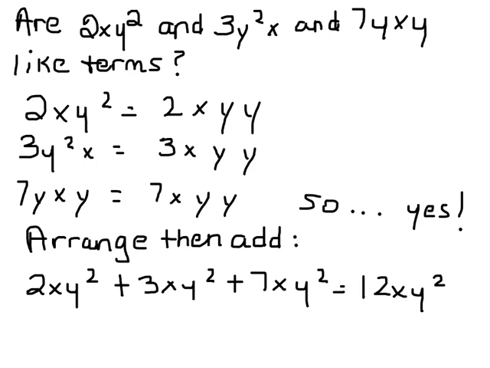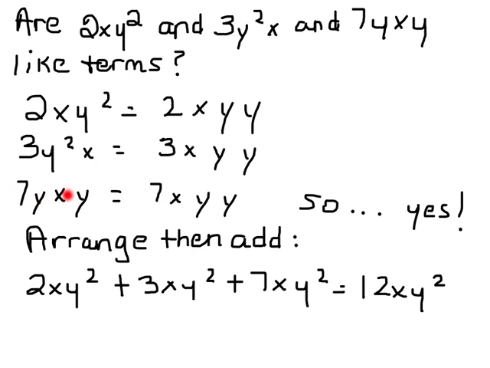Alright, the question is, are 2xy squared and 3y squared x and 7yxy like terms? Alright, well 2xy squared, if we wrote it all out, it would be 2xyy. 3y squared x, if we do it again in alphabetical order to help us see, it would be 3xyy.